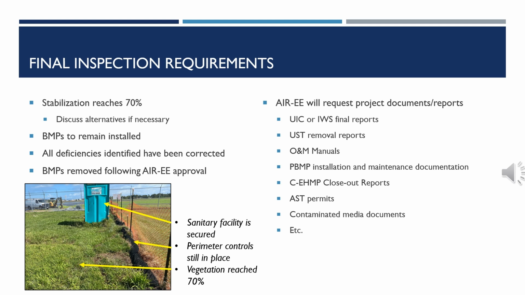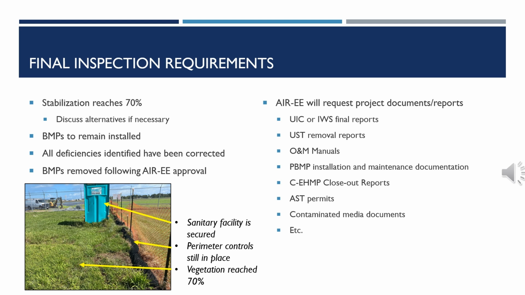Once BMPs are removed, land disturbing activities are no longer permitted in the area unless temporary BMPs are reinstalled and another pre-construction inspection is conducted. While BMPs may be removed, the project is not yet closed out.